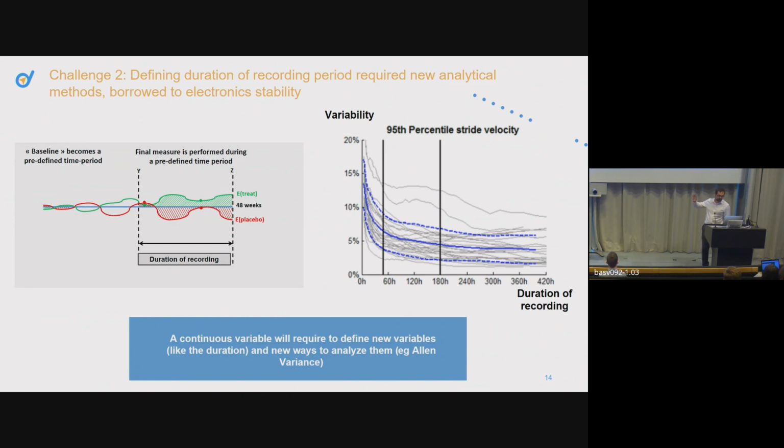And so again, this is on the right side here. We've taken a method that comes from electronics, actually the electronic stability of sensors, an Allan variance, to try to understand the variability of my measurements. So in this case, SV95C, when we were sampling it during different durations, right? The graphs are all different patients, and if you take 50 hours, the mean of patients is roughly 6.5%.